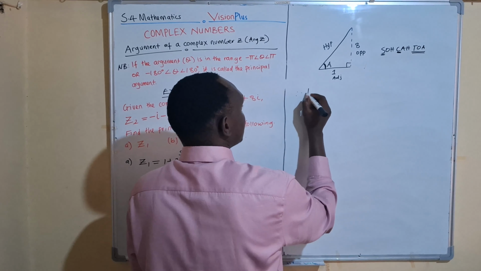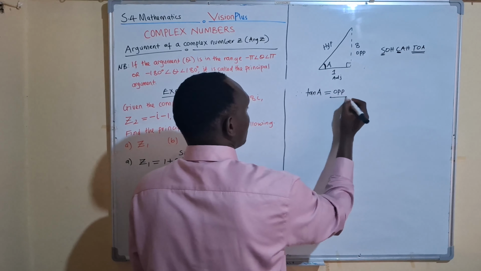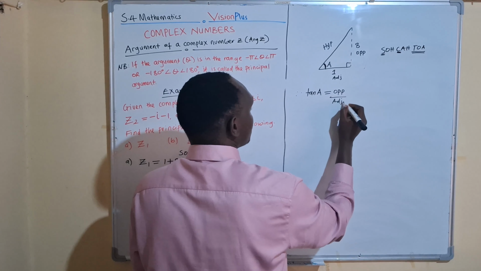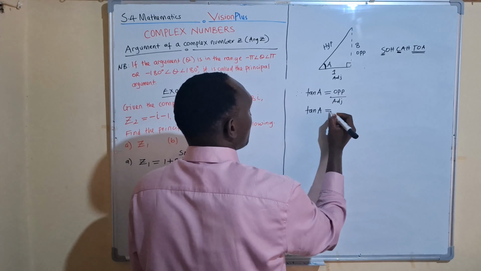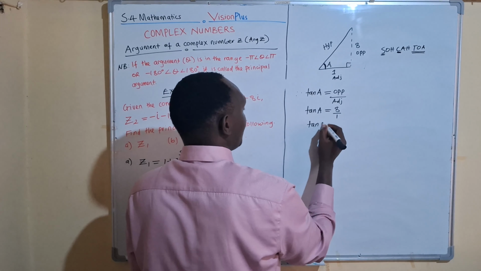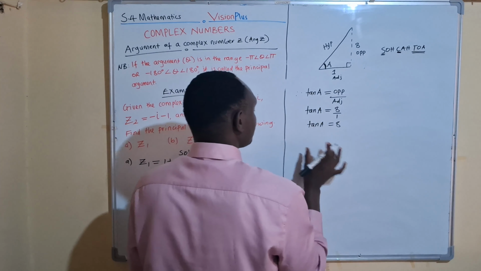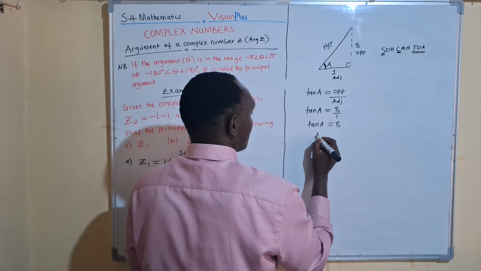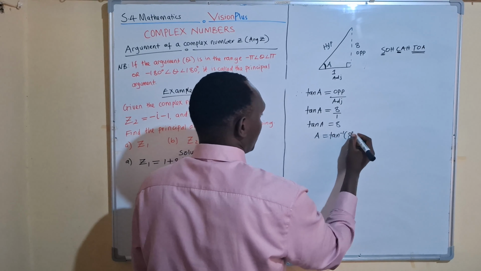Therefore, tan of our angle, which we are calling A, is given as opposite over adjacent. Substituting, tan of A, opposite is 8, adjacent is 1. That means tan of A equals 8. Then we take the inverse, so that our angle A becomes tan inverse, or arctan, of 8.